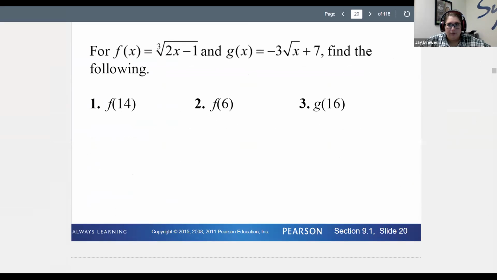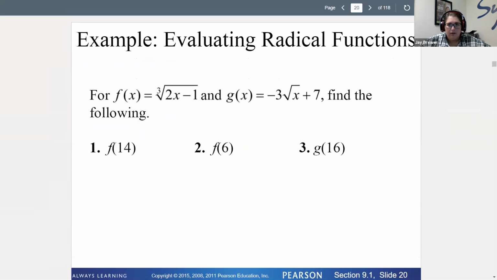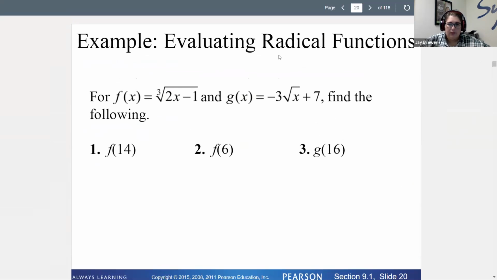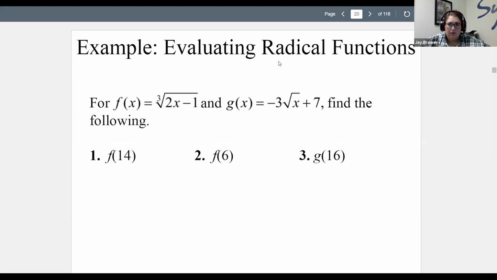So we can kind of use that approach with the next problem a little bit. Okay, so f of 14, we're just going to plug 14 in for the x value.